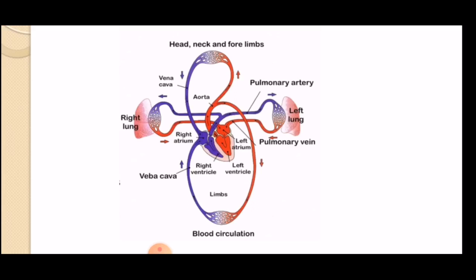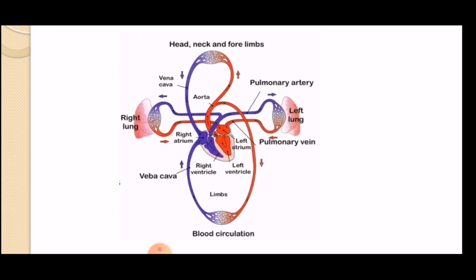Then the blood flows from the right ventricle to the two lungs through the pulmonary artery.